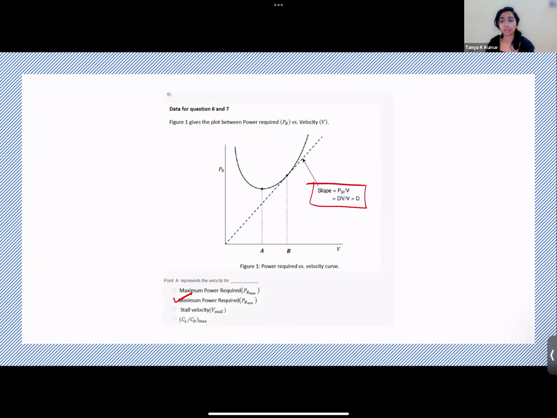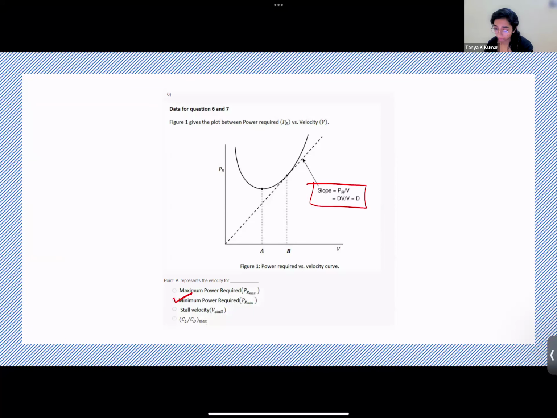So point B, according to him, minimum thrust required would be CL by CD maximum. Correct. How is it the minimum thrust required? Can you try explaining? Thrust required equal to drag. Okay. He's right.